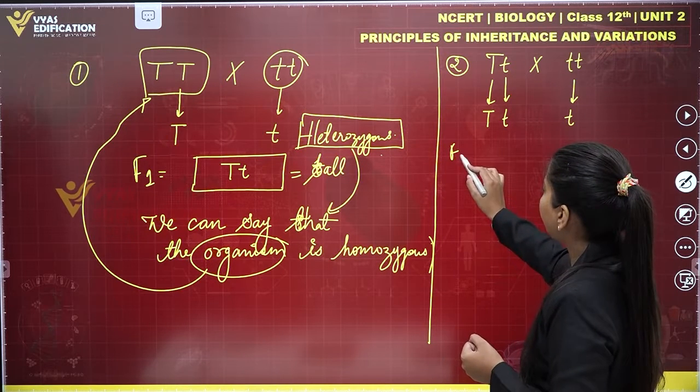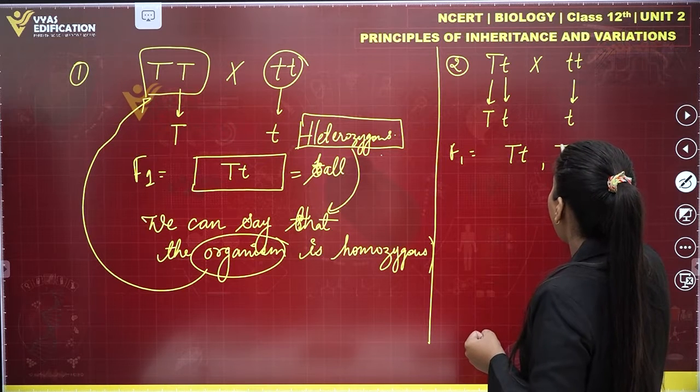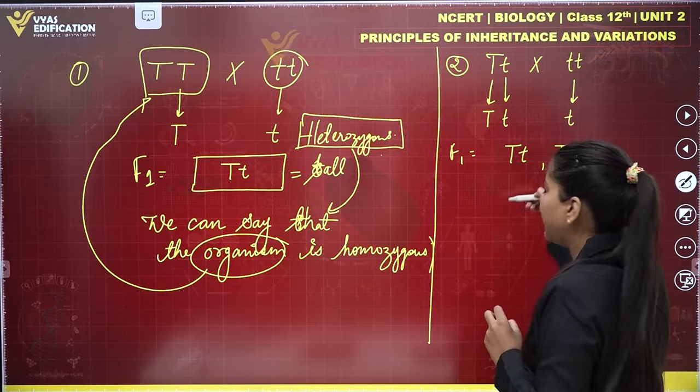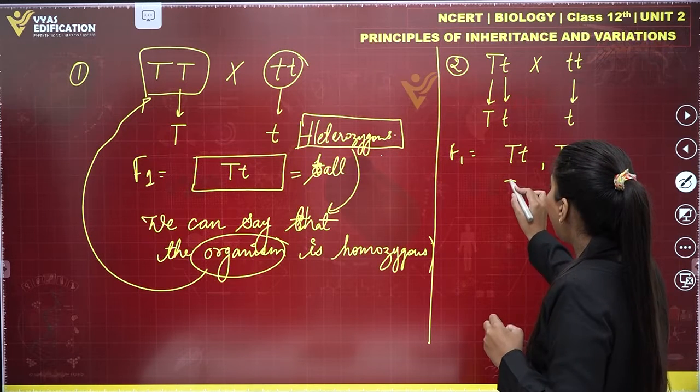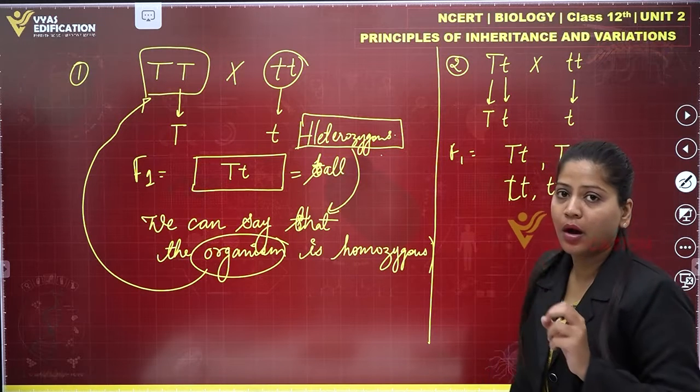Now what happens in the F1 generation? Half of the progeny in the F1 generation will be heterozygous and half will be homozygous.